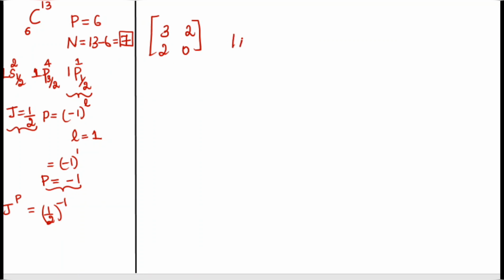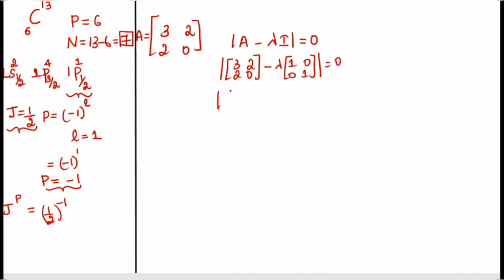The characteristic equation is nothing but, considering this matrix to be A, the determinant of A minus lambda into I equal to 0. What is A here? A is the matrix 3 2, 2 0, minus lambda into I, the identity matrix 1 0, 0 1, which is equal to 0.